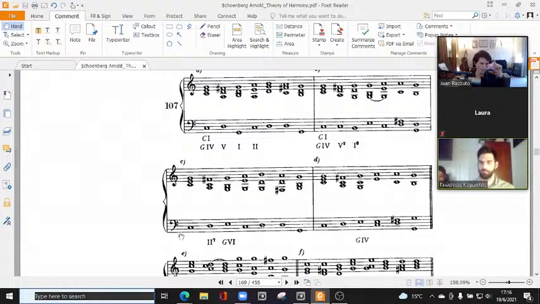So basically, when you see that line, that chord is not diatonic.